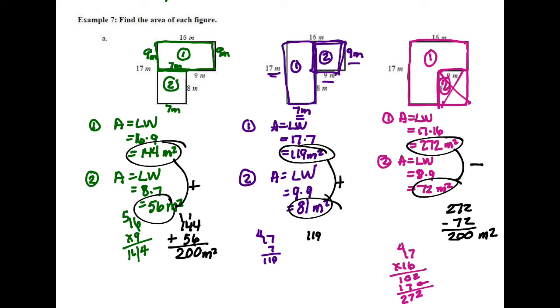So 119 add 81, and sure enough, 200 meters squared. So there's many different ways you can break it up, but composite figures, you need to break it up somehow, either into smaller parts or into a larger part and take away the portion that you don't need.